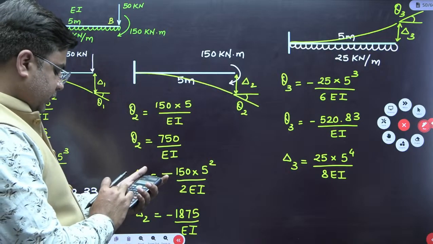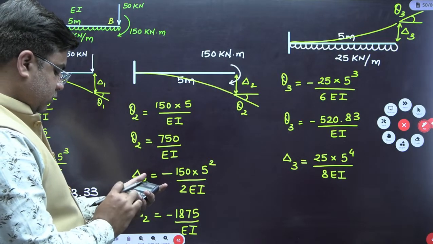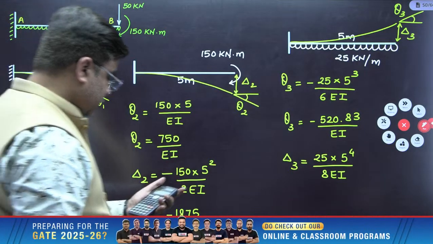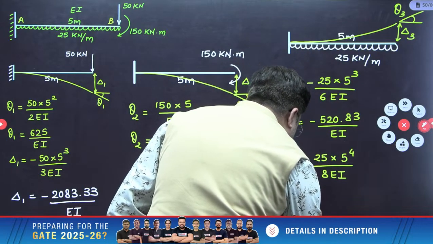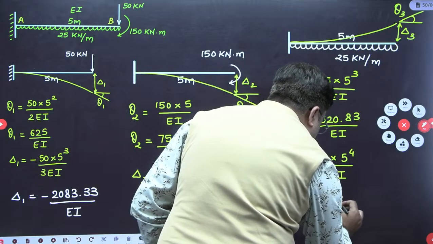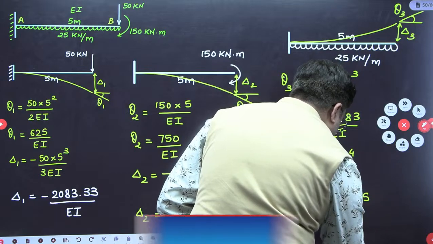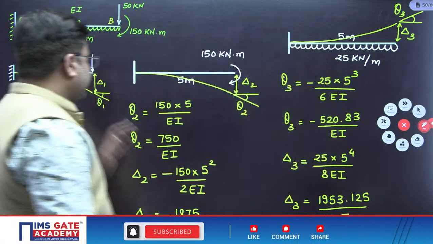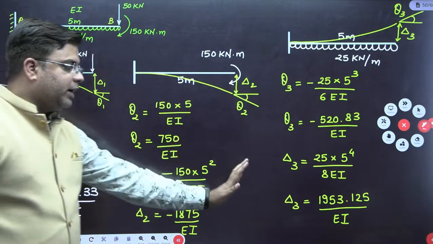So this is plus 1953.125 upon EI. So you have calculated theta 1, theta 2, theta 3, and delta 1, delta 2, delta 3.